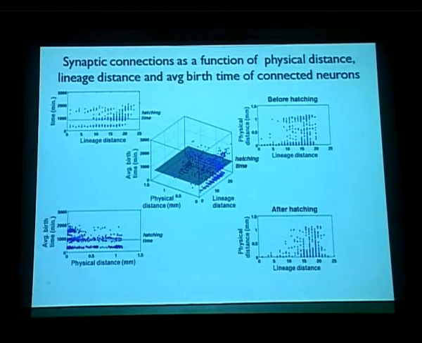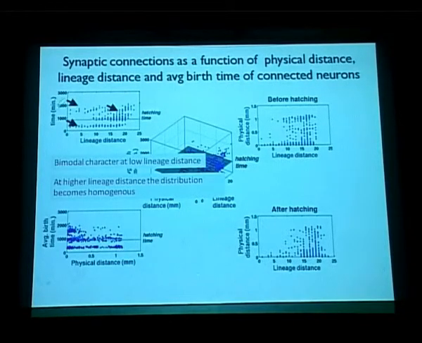The most important point here is the bimodality that occurs at low lineage distances. You have a lot of neurons growing at this time and a lot being generated here, but this becomes homogeneous when lineage distance increases.